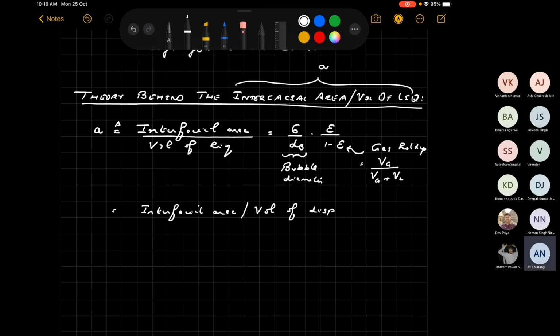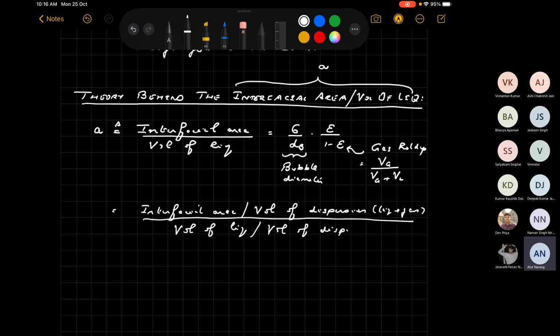When I say dispersion, I mean liquid plus gas, taken together, divided by volume of liquid divided by volume of dispersion. So I've just divided both numerator and denominator by the volume of the dispersion.